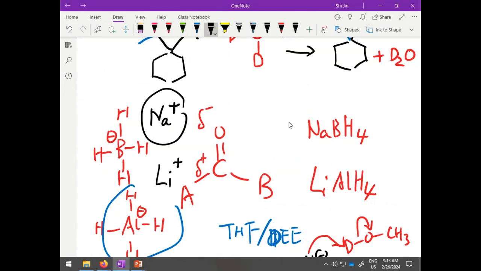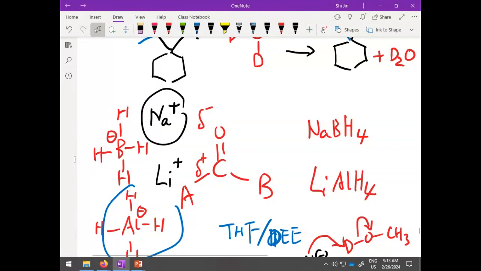In sodium borohydride it is BH4 minus, and in lithium aluminum hydride it is AlH4 minus. Those two anions are the active species that react with the carbonyl.